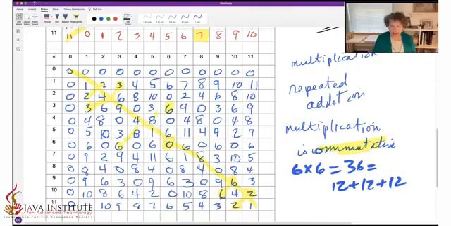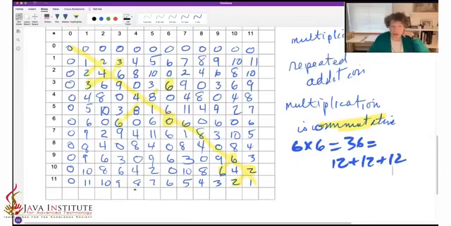Okay. Now, I have a question for you. When we were doing this, when we had a pattern in a row that repeated, it was nice because it was easy to do.